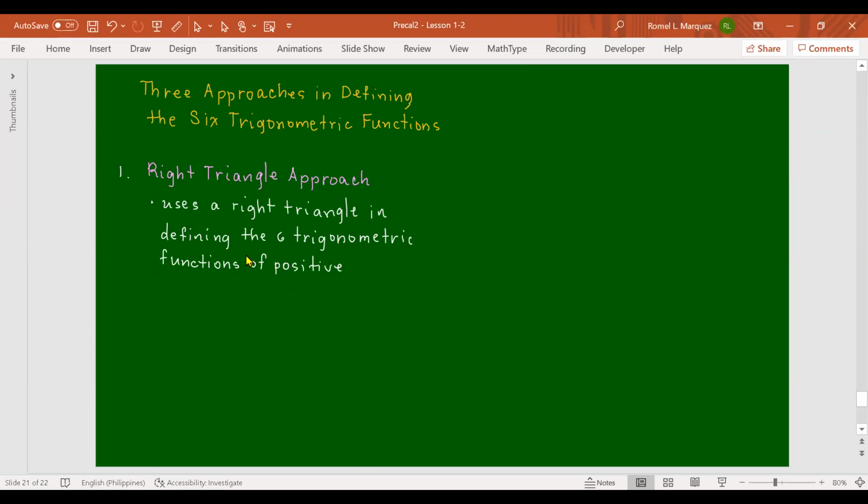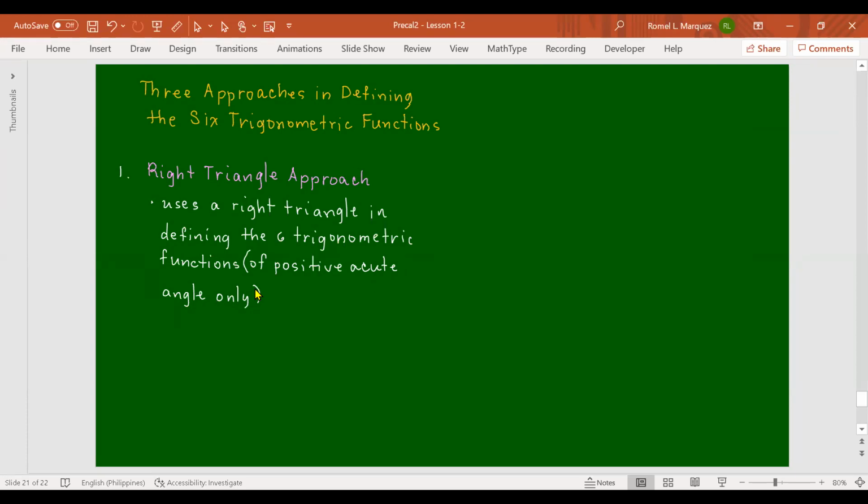So I'm going to enclose this, just to emphasize the limitation of this right triangle approach. Limited to positive acute angle only. So meaning, we cannot define sine, cosine, tangent of 0 degrees, 90 degrees, 400 degrees, negative 50 degrees, negative 12 degrees.